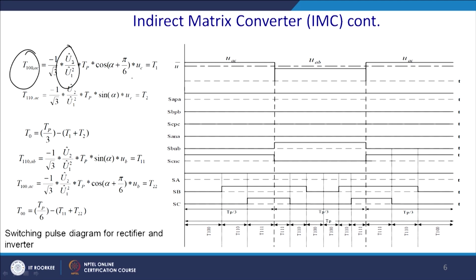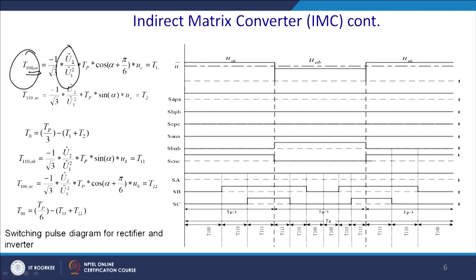Why? The voltage applied here is AC, and it is for a duration of 60 degrees, for alpha plus pi by 6. For this reason this is T1.